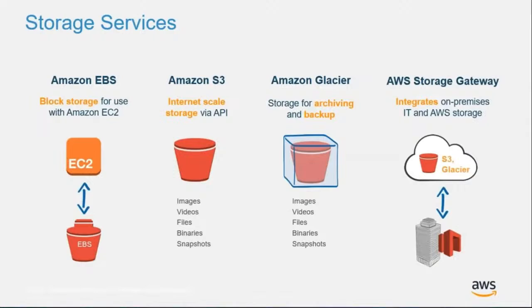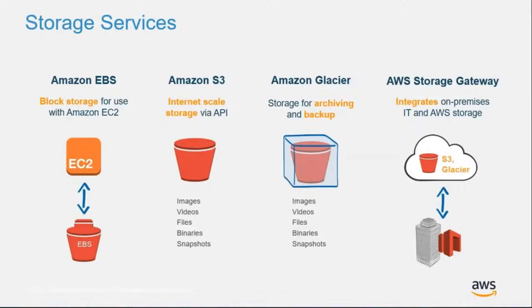And Amazon S3 is an interesting model. It is internet-scale storage that can be accessed via APIs, the application programming interfaces, and it's ideally used to store objects, like videos, files, snapshots, or binary files. Amazon Glacier is the third one here on the screen.